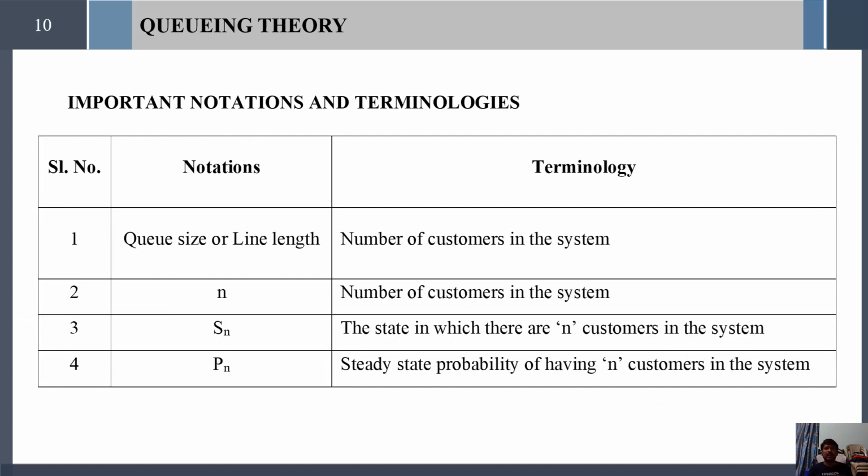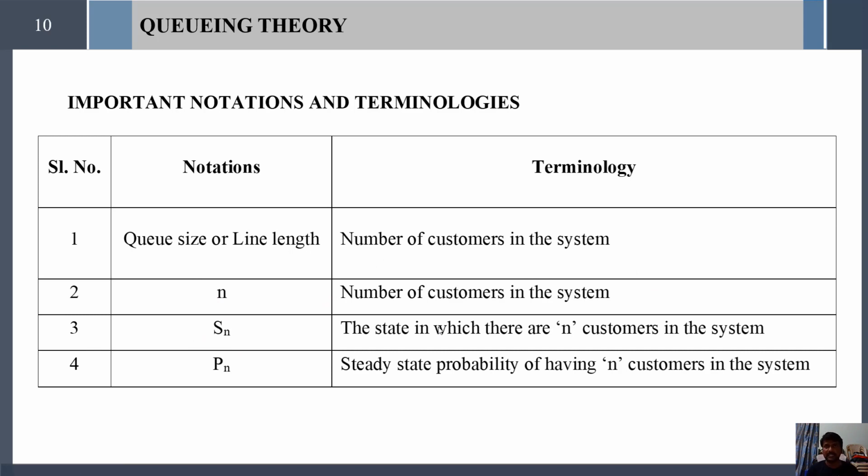Next, these are some important notations and terminologies. Queue size or line length can be denoted by N. This N defines the number of customers in the system. And Sn defines the state in which there are N customers in the system.